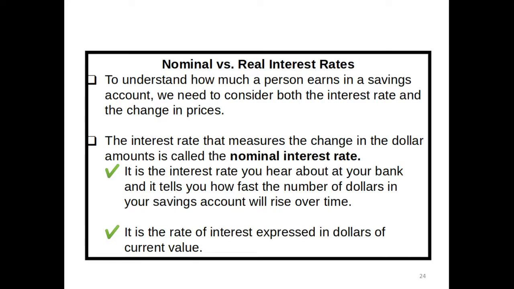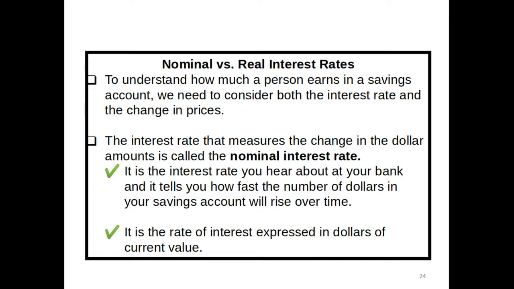and there's inflation at 3%, you're always going to be able to buy that hammer. So to understand this, we also have to understand nominal versus real interest rates. The interest rate that measures the change in dollar amounts is the nominal interest rate. This is what your bank tells you.